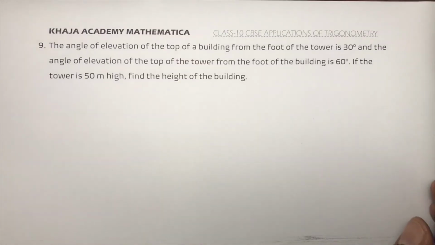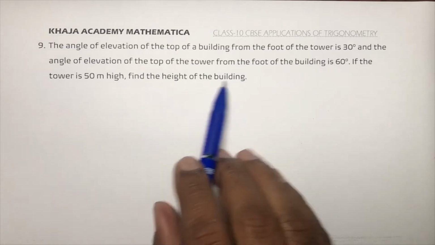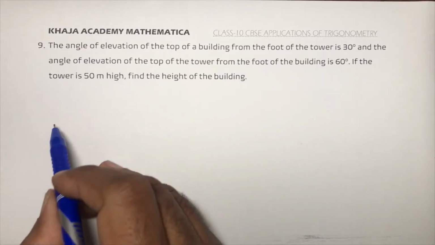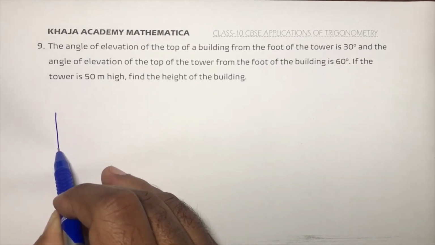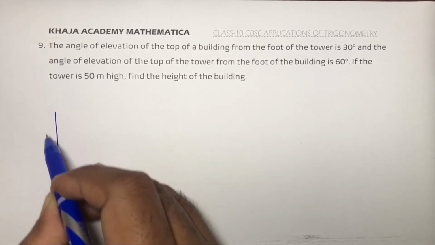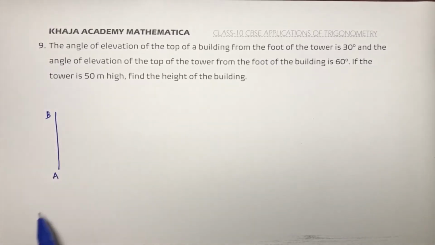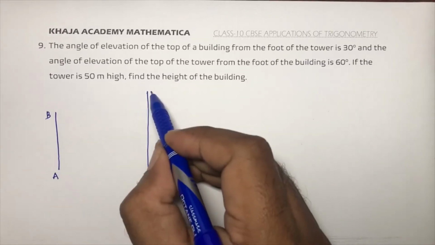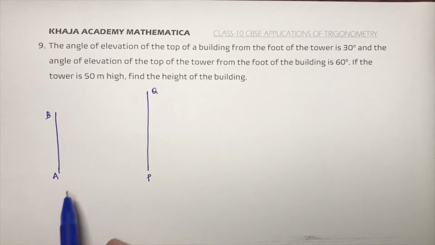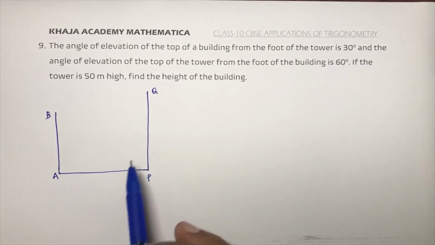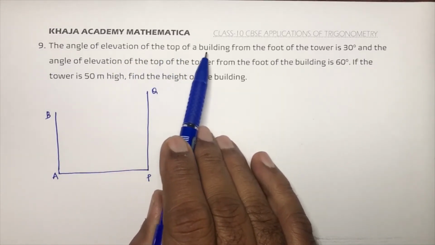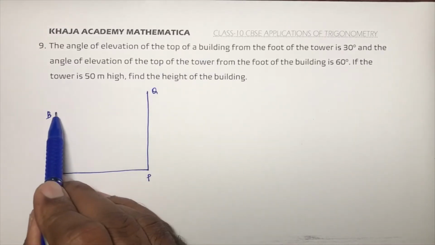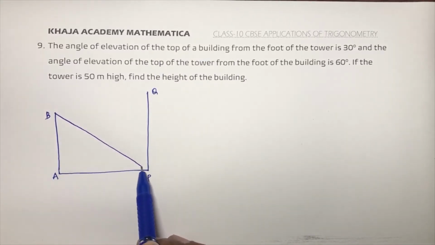The angle of elevation of the top of a building from the foot of the tower is 30 degrees, and the angle of elevation of the top of the tower from the foot of the building is 60 degrees. So here I'll consider AB as a building and PQ as a tower. This is horizontal surface.